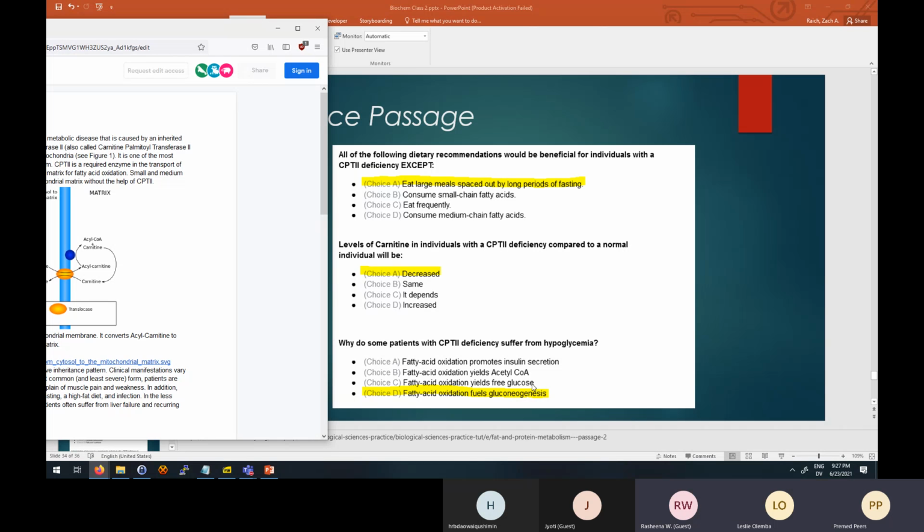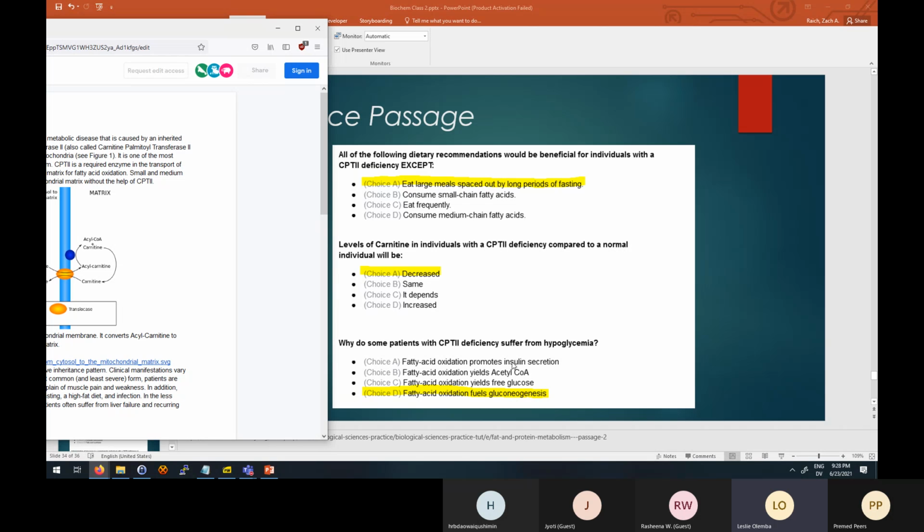But the reason I got that one is because I did process of elimination. So I knew that it couldn't promote insulin secretion because from reading it, I just assumed that the patient who had this deficiency wasn't really consuming anything.